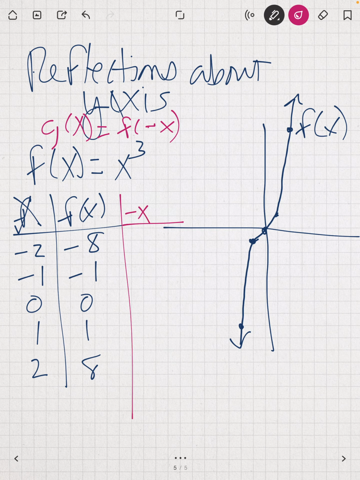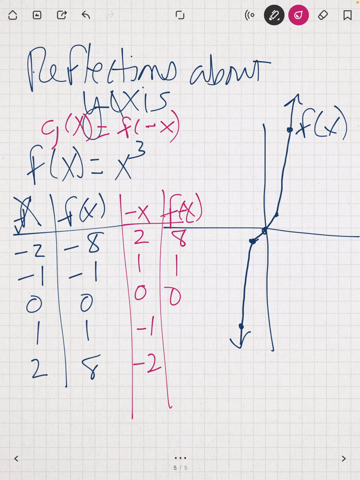So let's find negative x first, and we'll find f of negative x. So negative x is 2, 1, 0, negative 1, negative 2. And our function value is that cube, so we have 8, 1, 0, negative 1, negative 8.